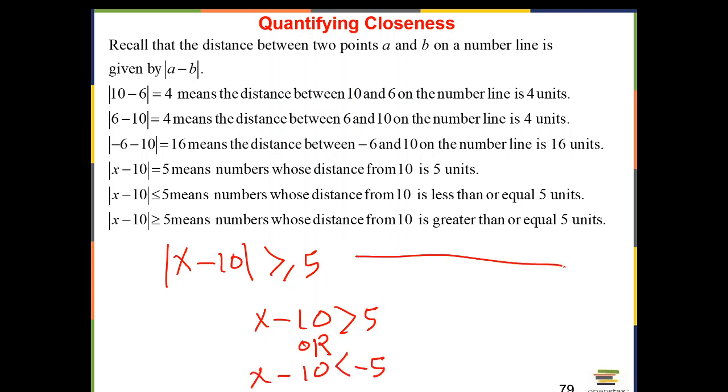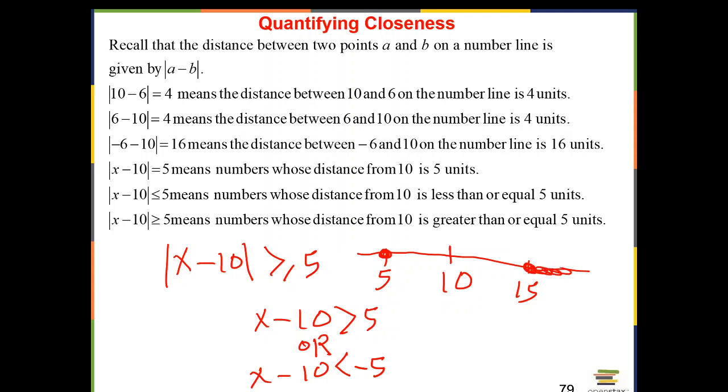So basically on the number line, this is 10, then this is 15, this is 5. So we're looking for numbers whose distance from 10 is greater than or equal to 5. So those numbers are 5 and 15, or any number greater than 15, right?